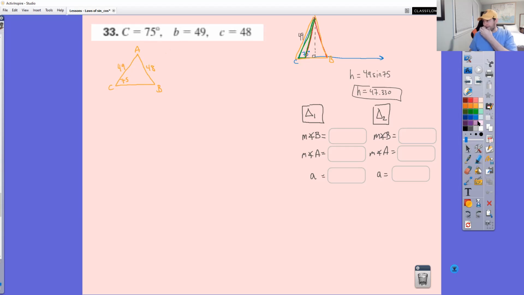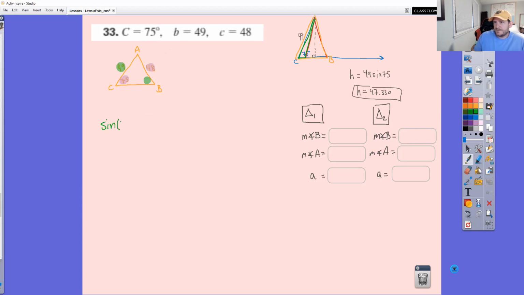Looking at this, the only thing we can do is use an angle on a side to write a sine ratio, and then use the 49 to get at B. We can't do anything with A yet because we don't have enough info. We have to find B first. So we'll say sine 75.